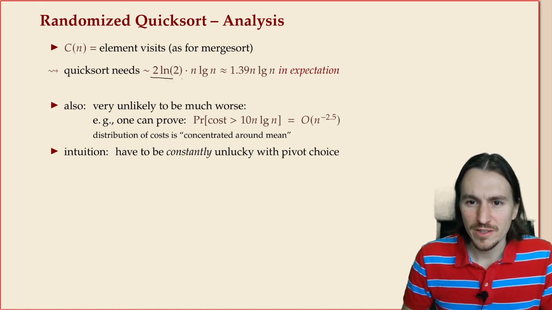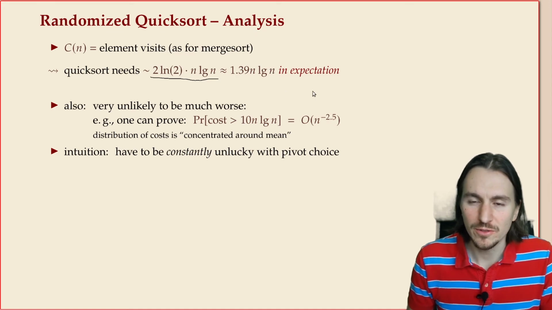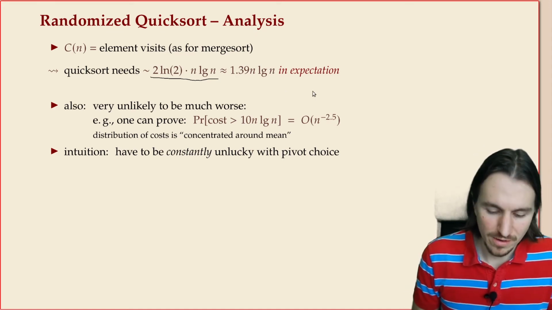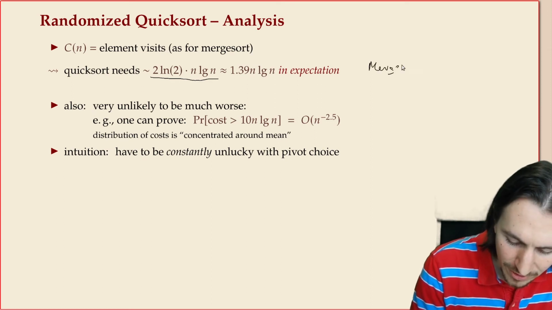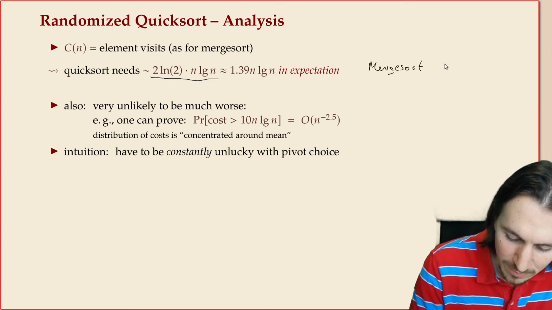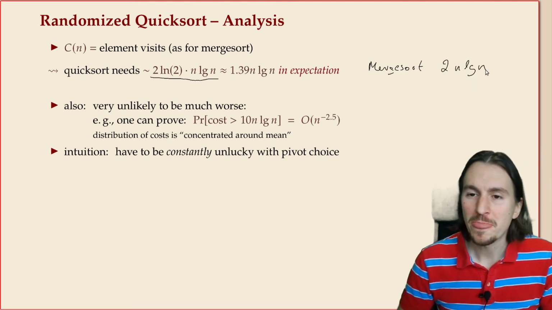And then you find the result is this, which is a constant that you can approximate. It's 1.39. And remember, we had for merge sort a similar result, but it was 2n log base 2 of n.